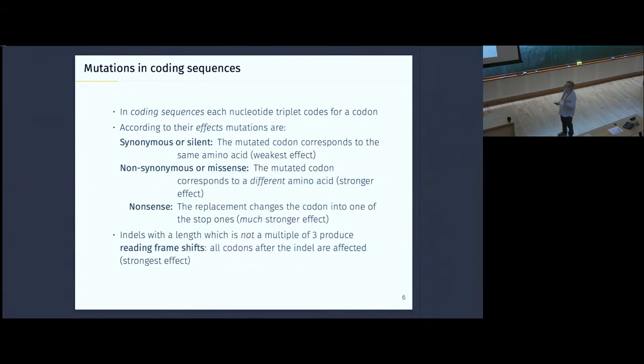According to the effect, you can say that the change is synonymous or silent if the amino acid produced by the codon to which this nucleotide belongs is the same as in the original case. So you have a change in nucleotide which does not change the corresponding amino acid. Otherwise, it is called non-synonymous or missense.